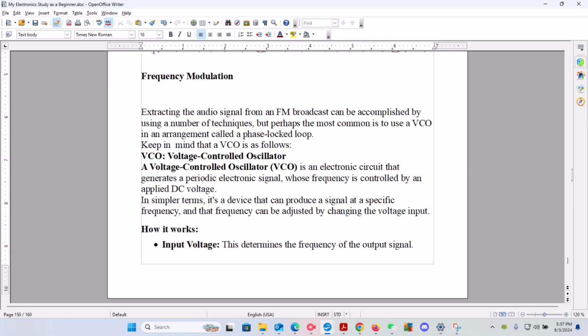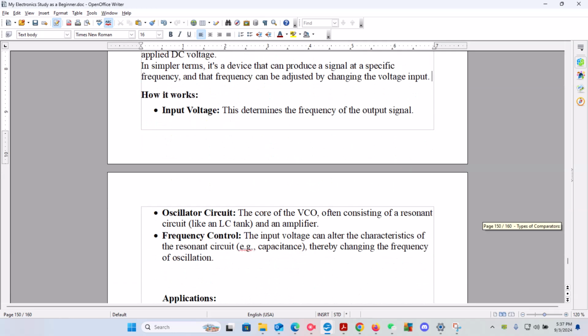Very important input, because it's how much is initially going through the circuit. Now, in terms of how it works, what you have first of all is an input voltage. This determines the frequency of the output signal. You also have, as a secondary component, an oscillator circuit, which is the core of the VCO, often consisting of a resonant circuit such as an LC tank and an amplifier.